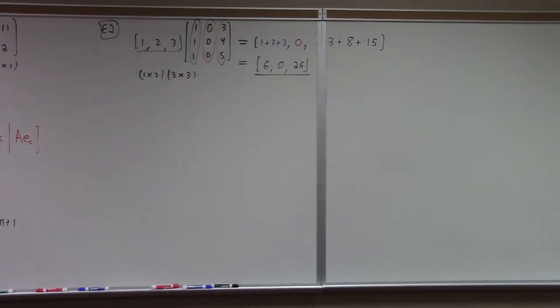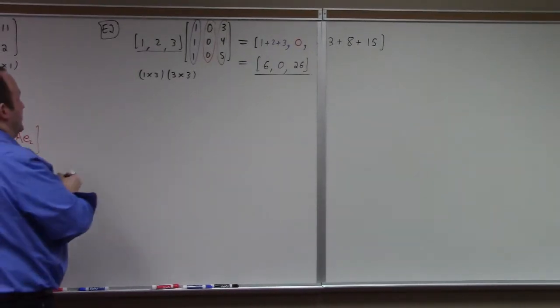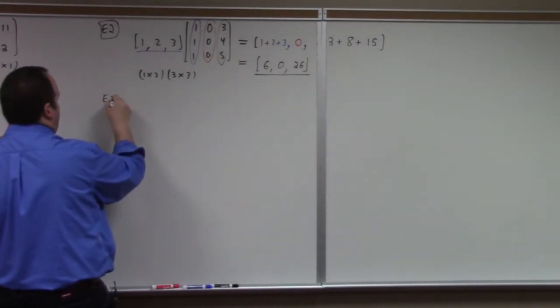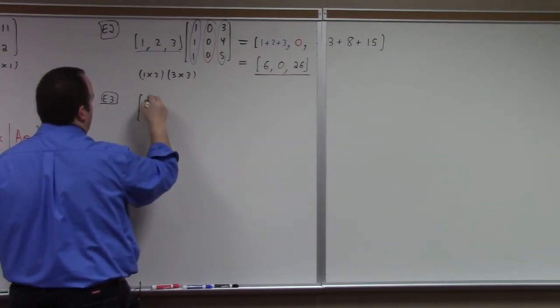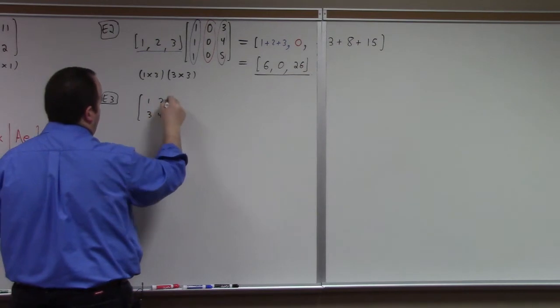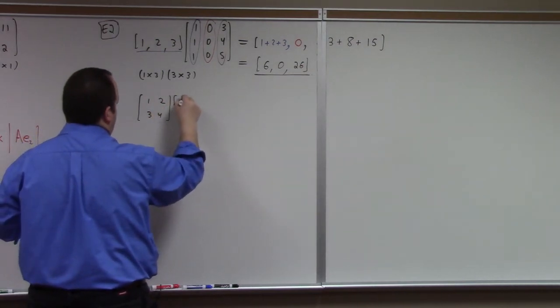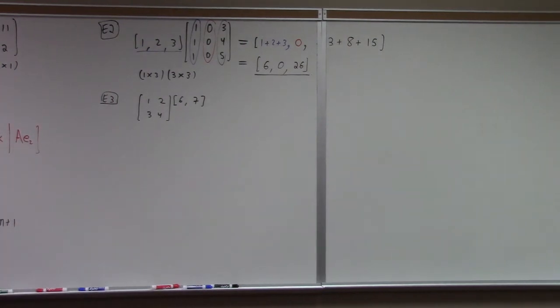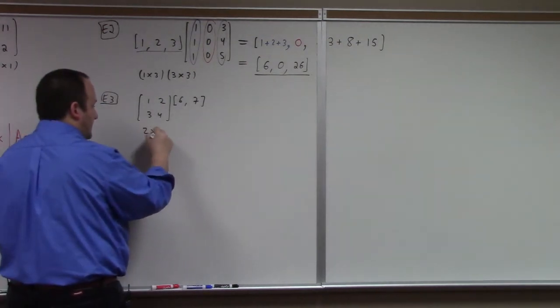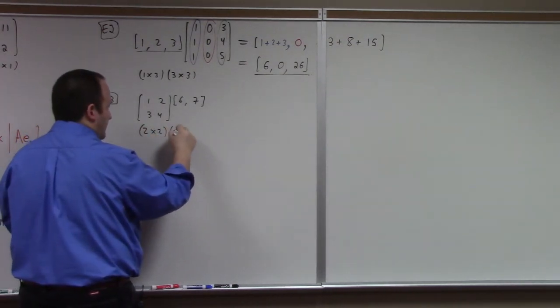Here, let me do one that, how about this? What if I try to multiply 1, 2, 3, 4 times the row vector 6, 7? I've just been doing examples that make sense up to this point. Look at this one. Here we've got a 2 by 2. We're trying to multiply it by a 1 by 2.